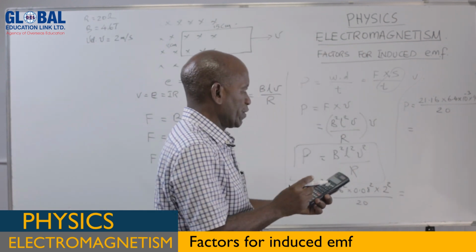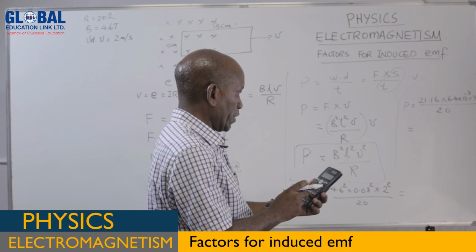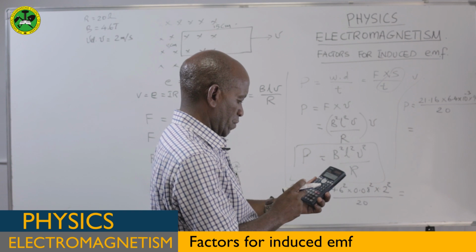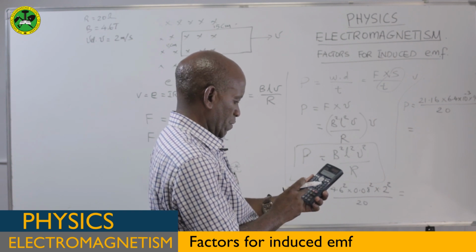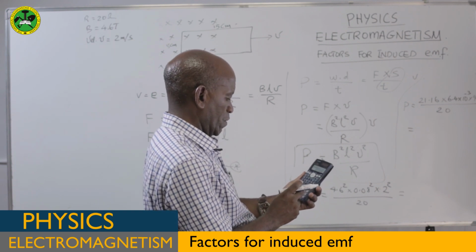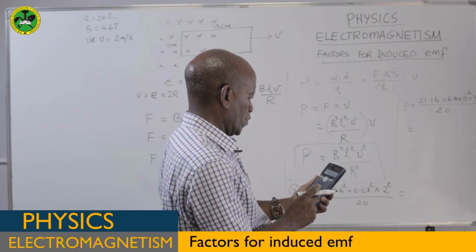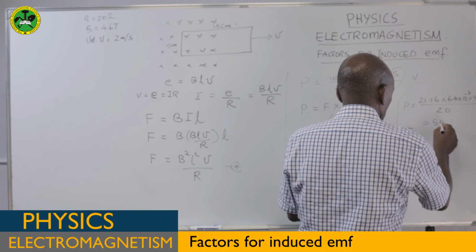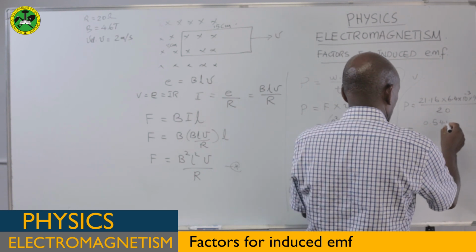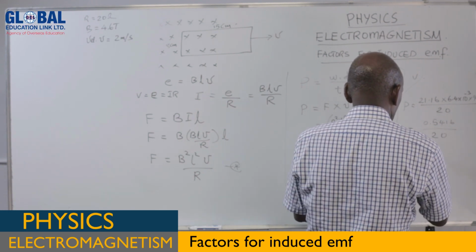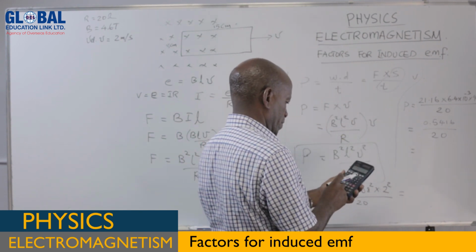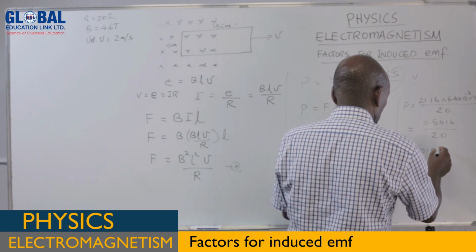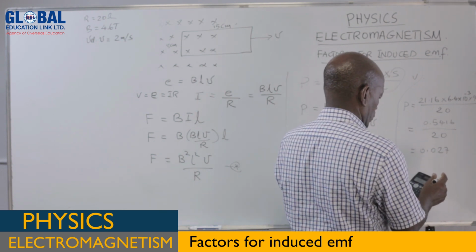If you compute, you get 0.5416 divided by 20, which gives 0.02708.